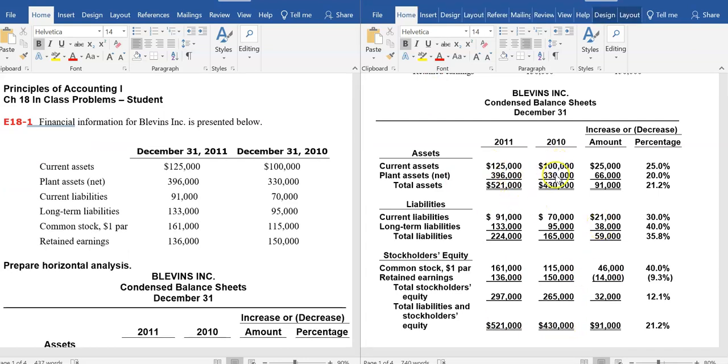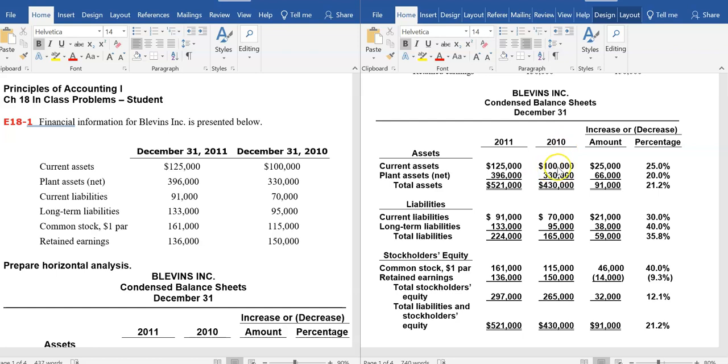Once we have the two balance sheets side by side, we can apply the horizontal analysis, and it's very simple to do. In horizontal analysis, we will compare the base year, and the base year is always the first year presented. So here, 2010 is the first year presented, so it is the base year.